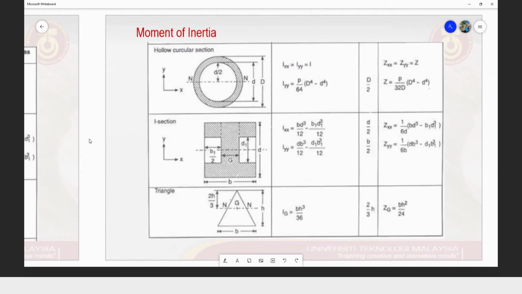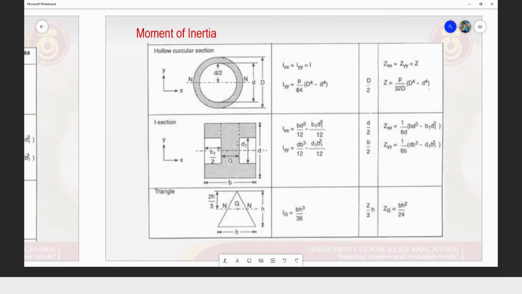And then for different shapes of the structures, you may have different equations to calculate the moment of inertia. So for the I section type of beam, this is the equation. If, for example, you are given the structure, the shape of the structures are known, then you may need to calculate the moment of inertia as well.